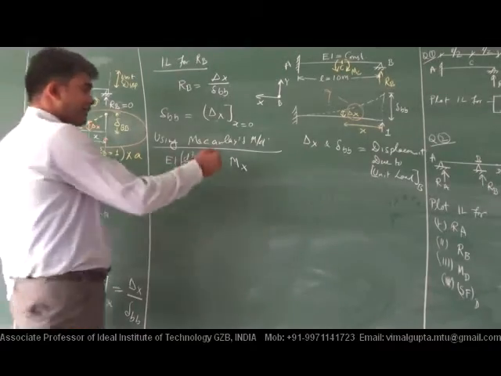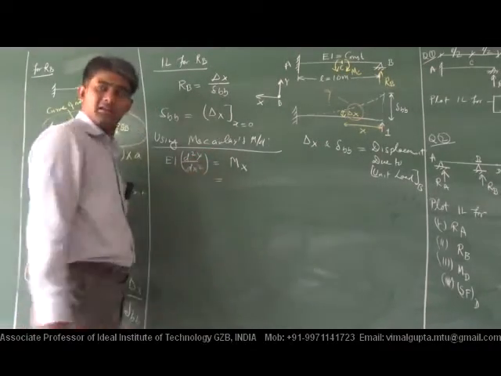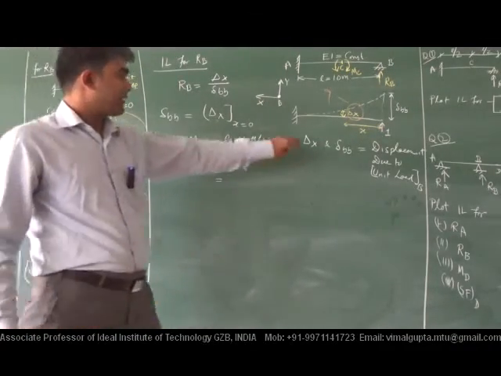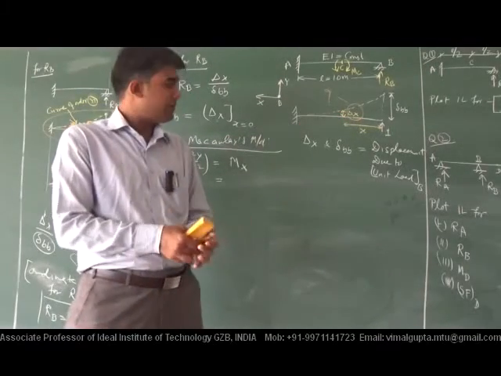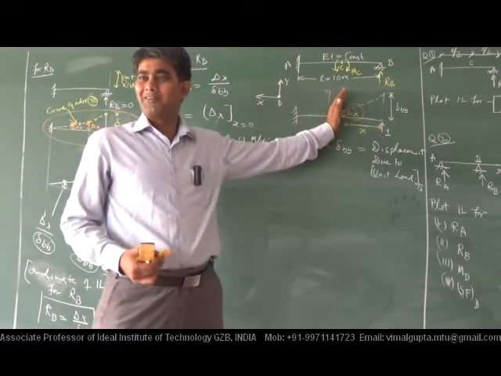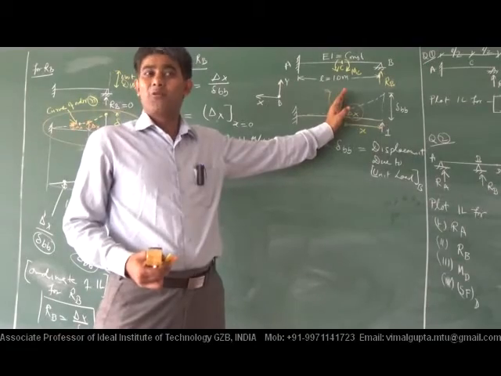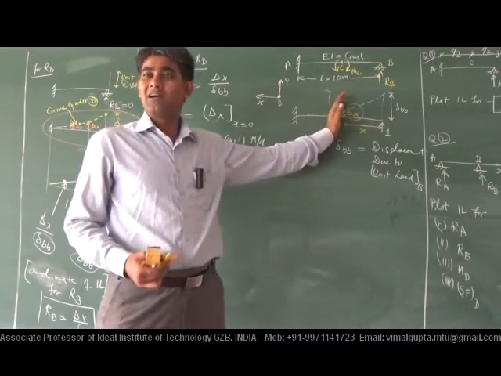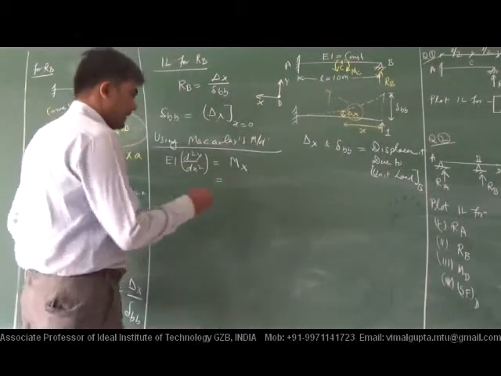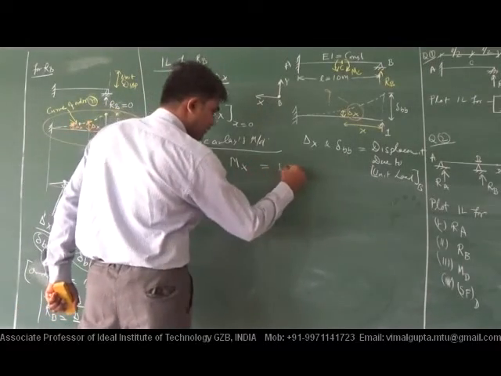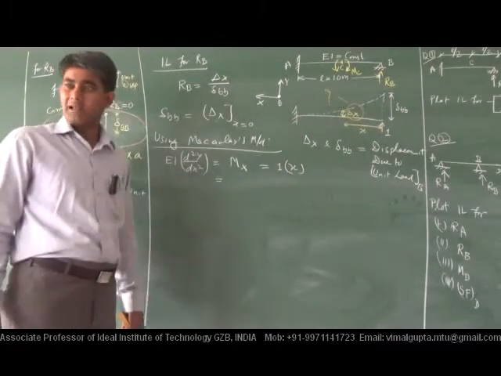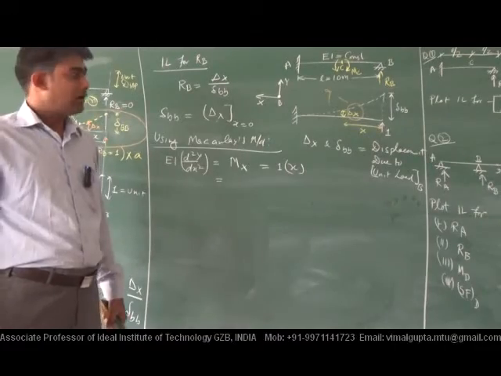And what is the value of Mx? Moment at that point. What will be the moment at that point? It will be simply force multiplied by distance. Kitna? 1 into x. So it is 1 into x. Plus or minus? Why is it plus?